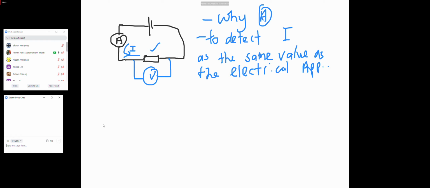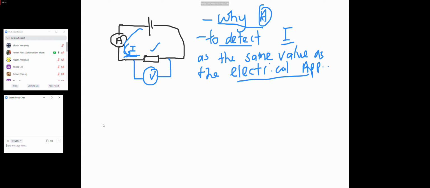So I want to know the amount of current that flows, the same value as the appliance, because we know in series the same current flows. That's the reason. Okay, done.